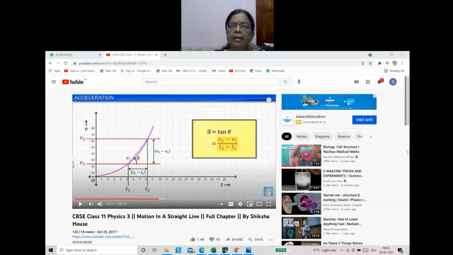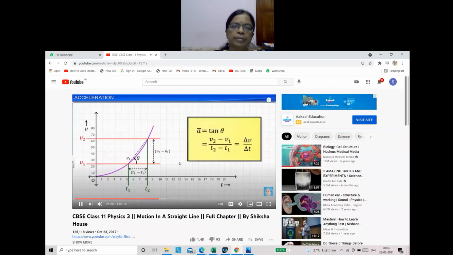By finding the slope of the graph. You just take any two points and join that with a line and find the slope of that line. That will give the average acceleration, change in velocity by time. Okay.